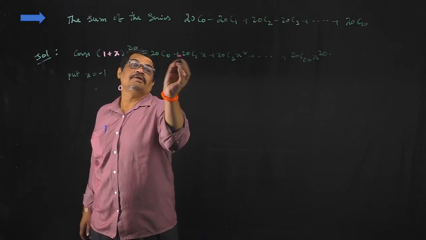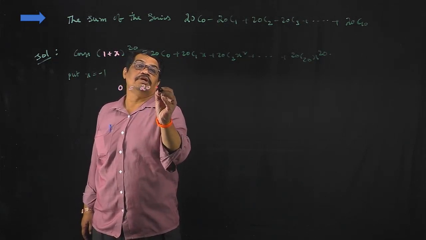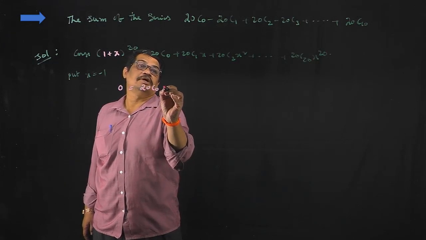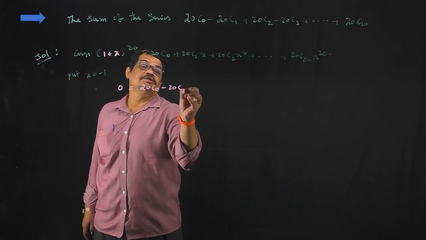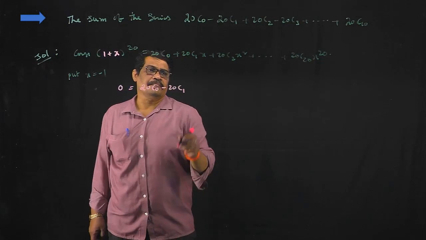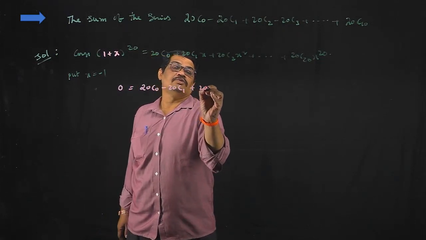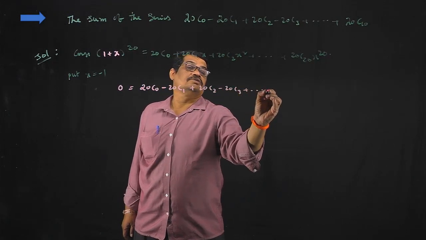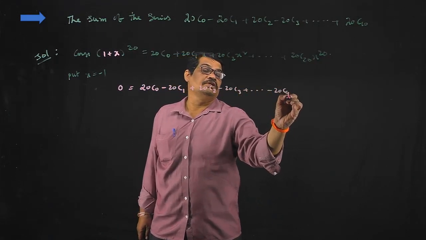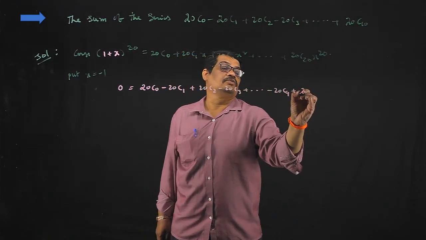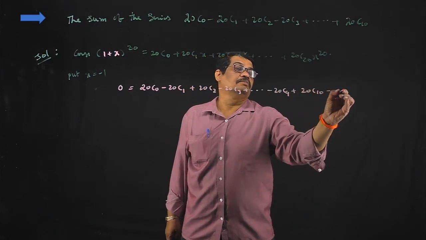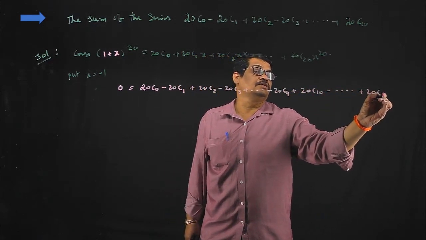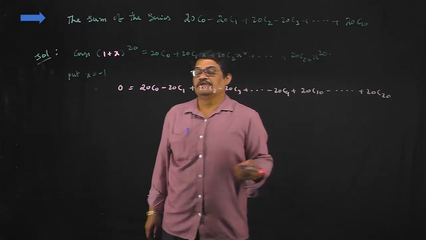In the remaining, we get 20C0 minus 20C1 plus 20C2 minus 20C3 and so on, minus 20C9 plus 20C10 and so on up to 20C20. So this is the expansion.